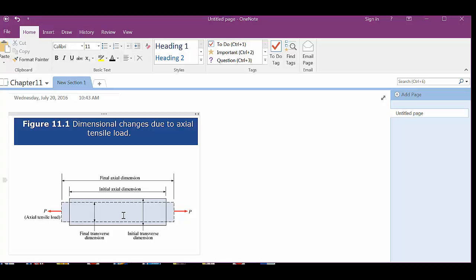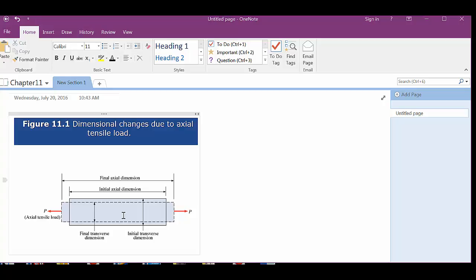So it'll stretch and neck down if it's a tensile load. If it's compressive, then it's going to do just the opposite. Okay, it'll get shorter and the diameter will get bigger. You know, it's going to bulge out, isn't it? So that Poisson's ratio will address that.